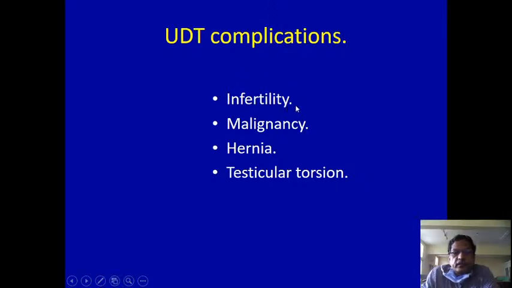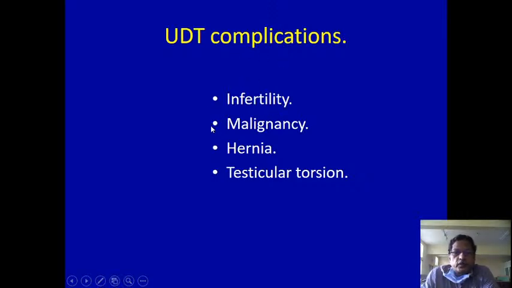If you see the fertility of persons with unilateral undescended testes, the paternity rate is 2/3 of the normal. So they are not perfectly normal, only 2/3 of the normal people. But when bilateral undescended testes are present, the fertility rate drops down to 1/3 of the normal. So there is decreased fertility in patients with undescended testes. That's one complication.